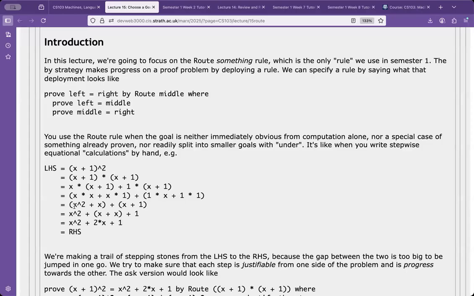You'll notice that Ask is not psychic. Ask can't figure out what you want to put in the middle, and that's why you have to say what to put in the middle. And so it becomes a skill that you need to acquire. What's a good step to take in a calculation like this? And that's what we're going to try and get across more effectively in this lecture.